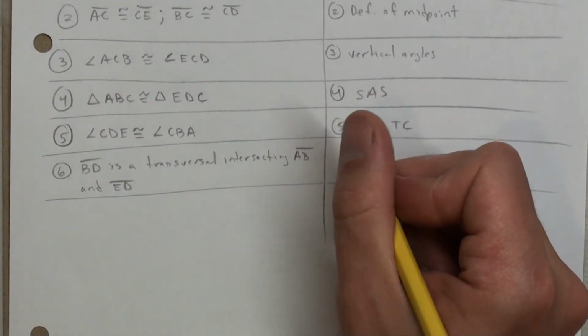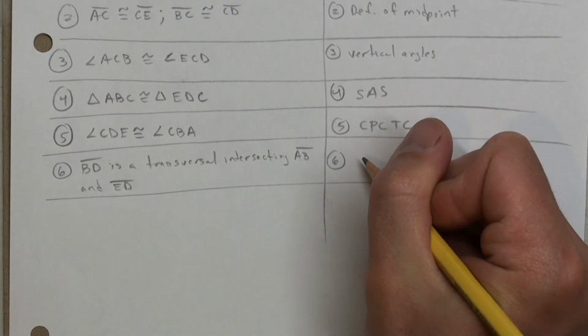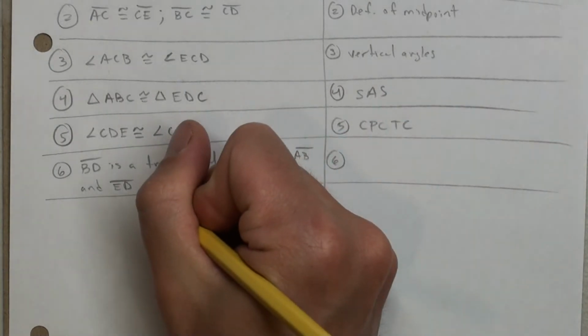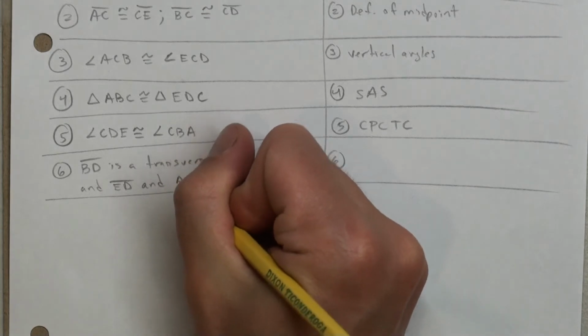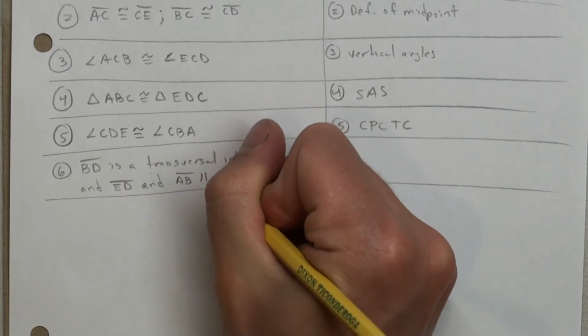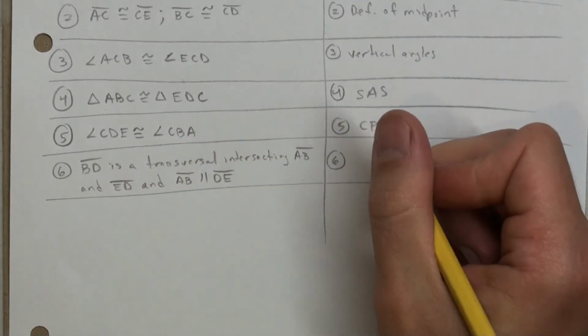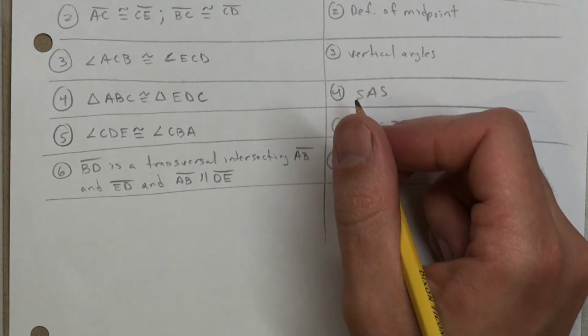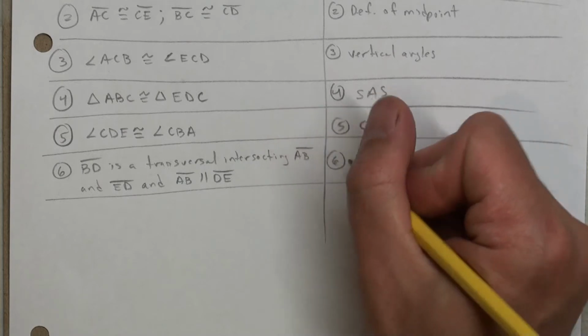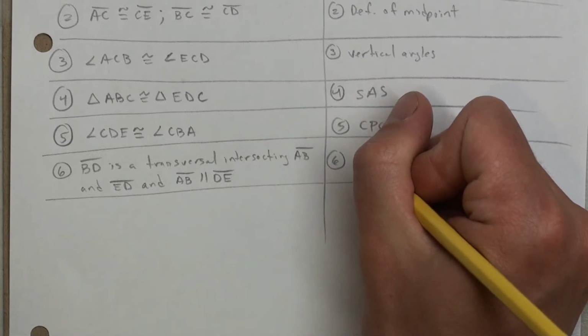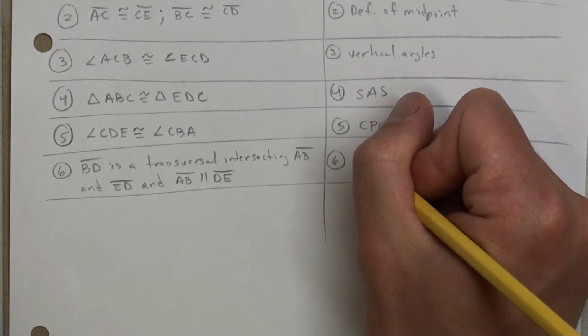And AB is parallel to DE. And I would say because, what would I say?